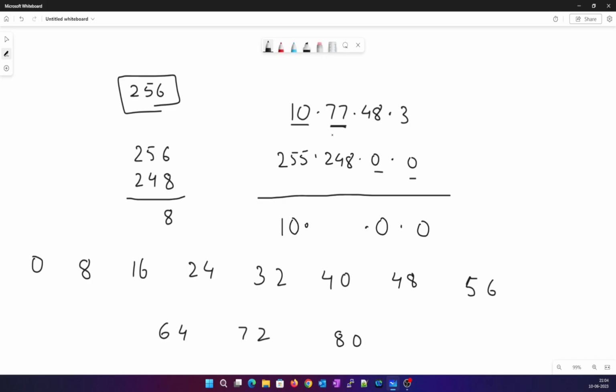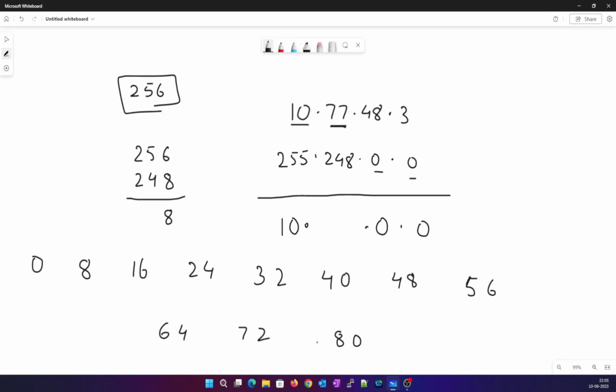So we reached a value 80 that was closest to 77, and then you should stop. This 77 comes in between 72 and 80.